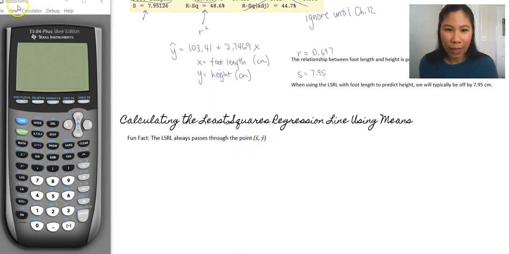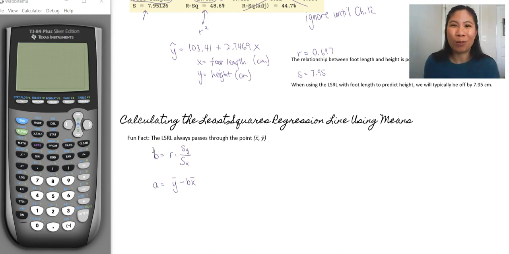Knowing that, we can calculate our a and b values using just the means of the x and y variables, the standard deviations of the x and y variables, and r, our correlation coefficient. If we have those 5 pieces of information, we can calculate the slope and y-intercept of our least squares regression line.